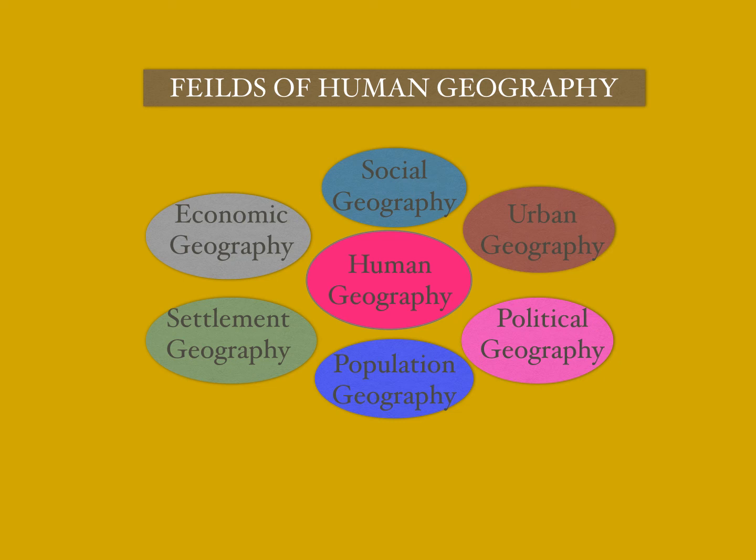As man started growing and settling down in one place, with the industrial development, there was a change in occupation. The occupation of man was studied under the topic economic geography. It studies whether a person belongs to primary sector, secondary sector, or tertiary sector.